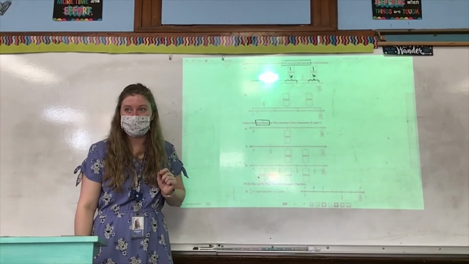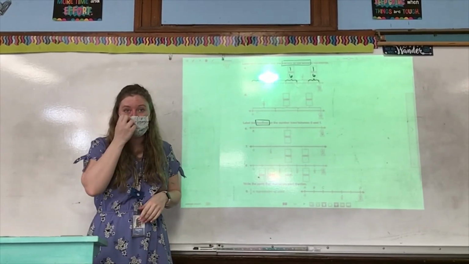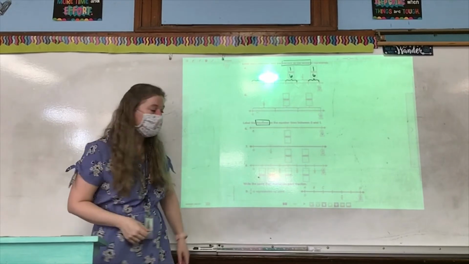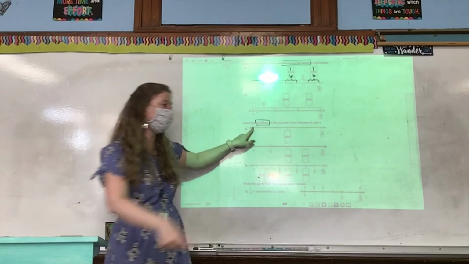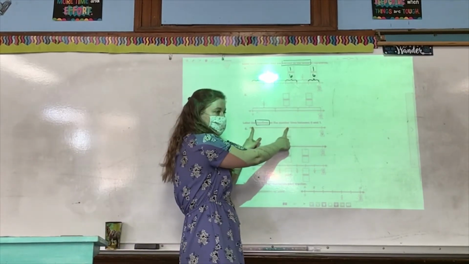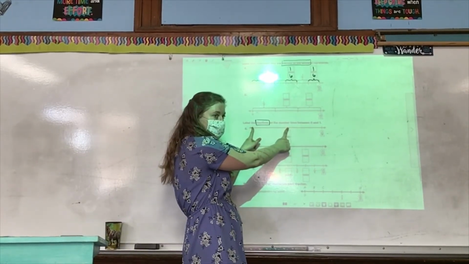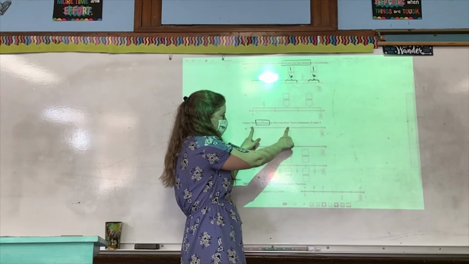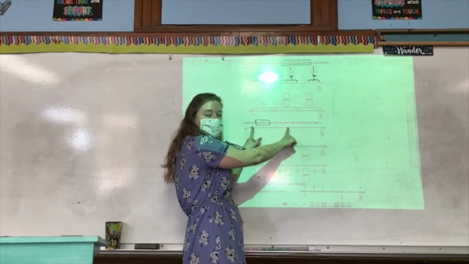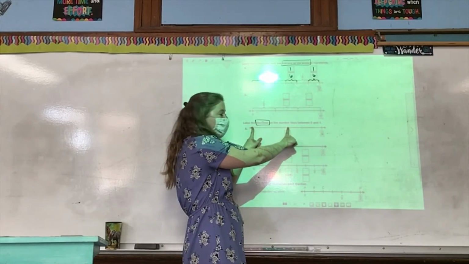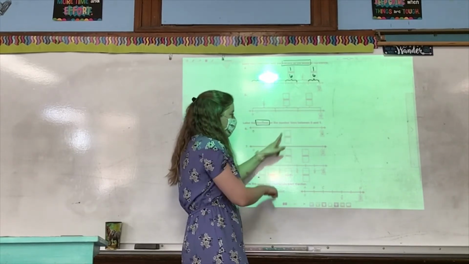So let's do not the hard way, but the better way first. We're going to put our finger on the first tick mark and the second tick mark. How many pieces do we have between those tick marks? Victoria? 1.